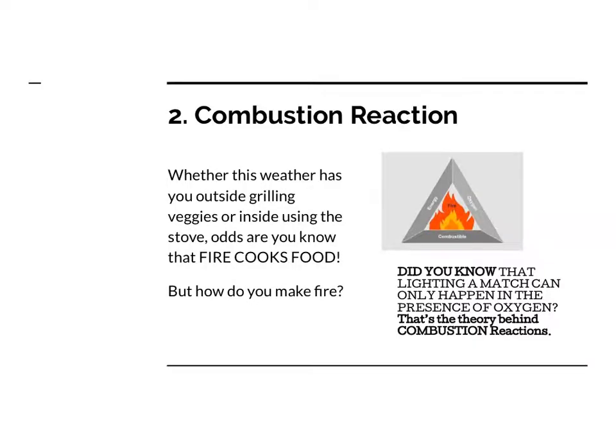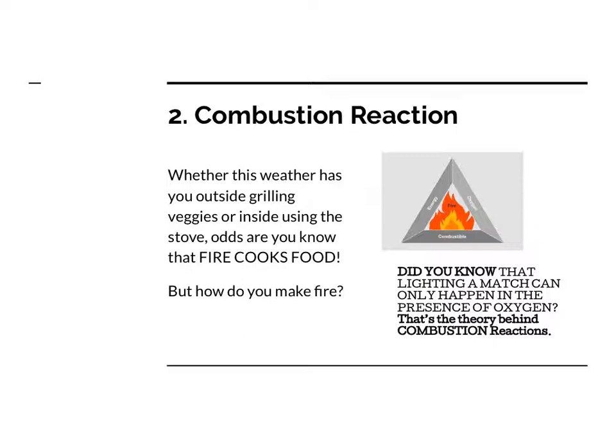Another type of reaction that happens all the time and that we can identify in chemistry terms is a combustion reaction. So in terms of food, whether you're outside grilling or inside using the stove, odds are that you are going to be using fire to cook food. If you've ever roasted marshmallows, you know that fire can cook food.